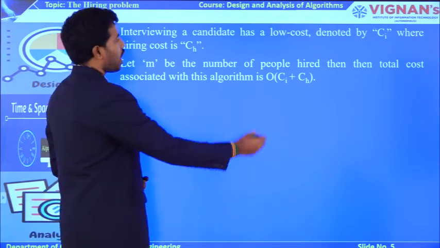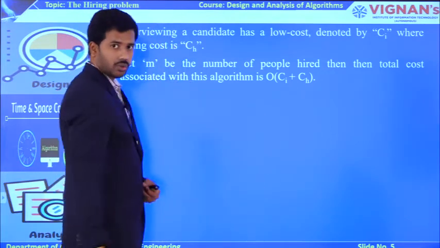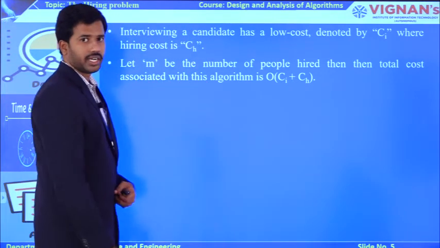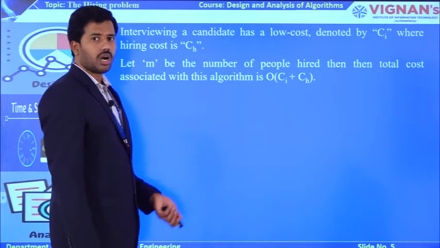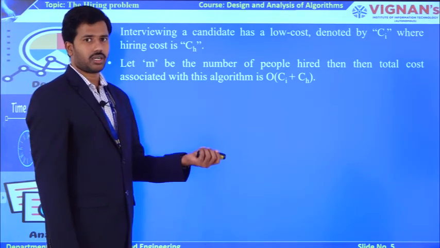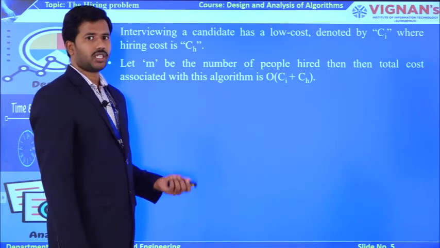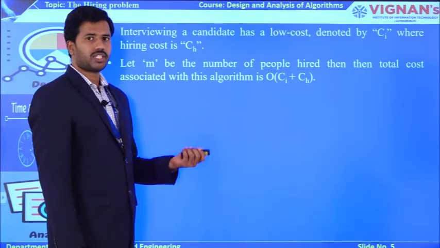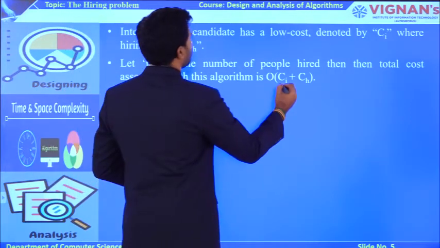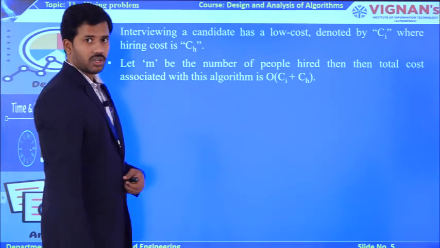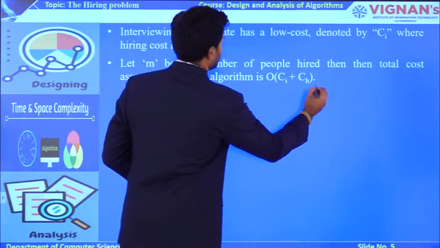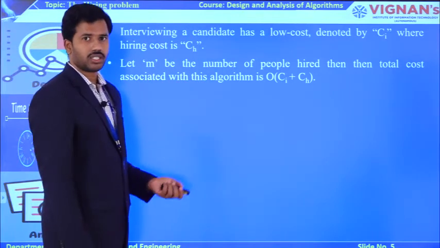Your task is to conduct an interview followed by hiring a candidate, so the total cost is big O of C_i plus C_h: the cost of the interview process for candidate i plus the cost to hire a person.